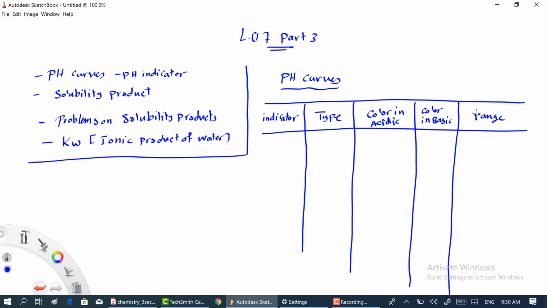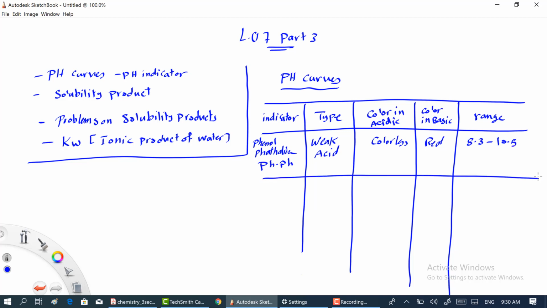If we start firstly by phenolphthalein, it's simple. Its type is a weak acid, and the color in acidic is colorless, but in the basic it will be red. Its range works from pH 8.3 till 10.5.